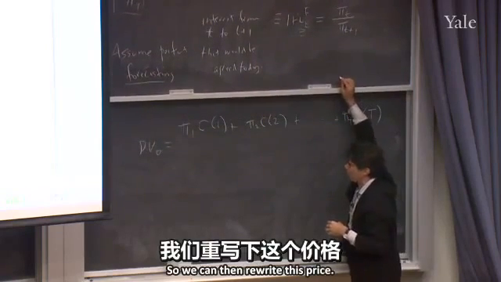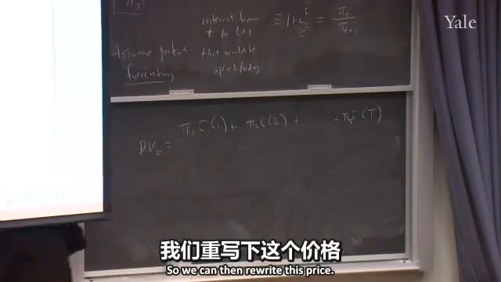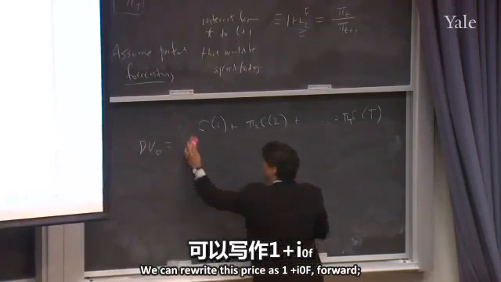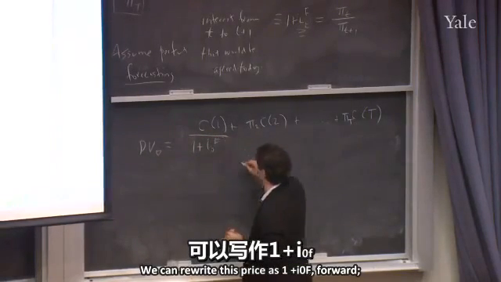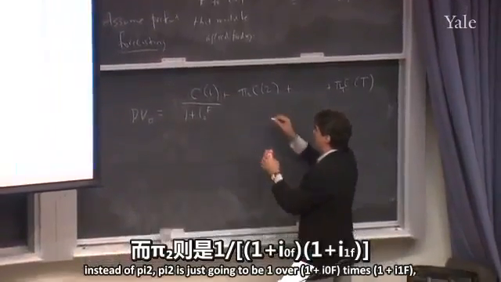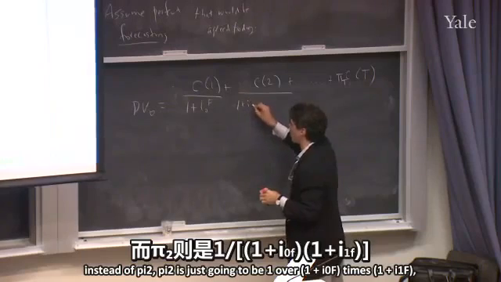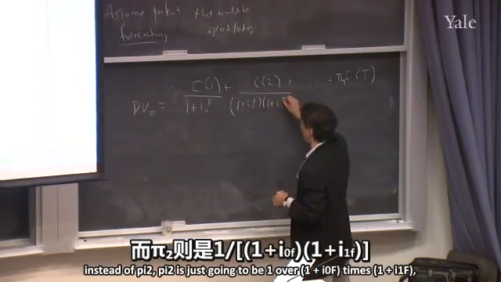Okay, so we can then rewrite this price. We can rewrite this price as 1 plus I0 forward. Okay, that's instead of pi 2, it's just going to be 1 plus I0 forward times 1 plus I1 forward.